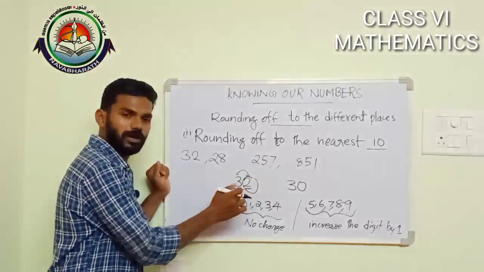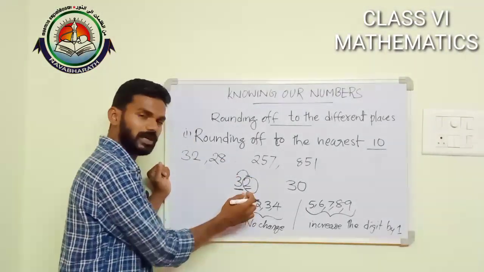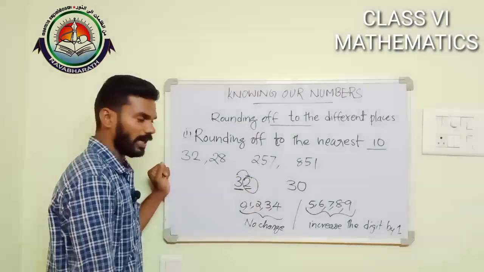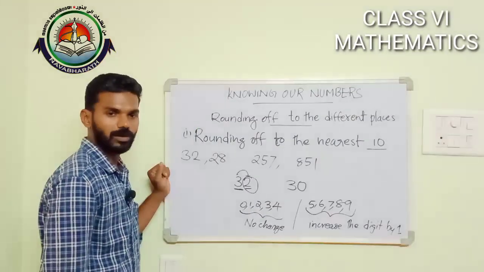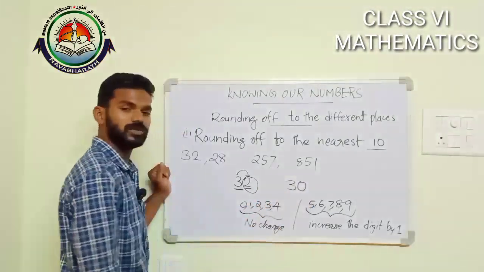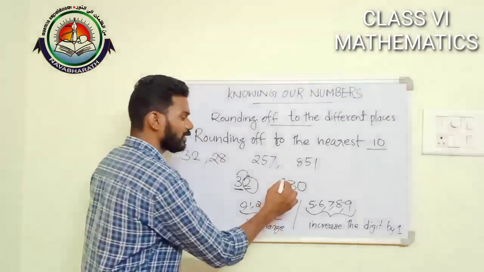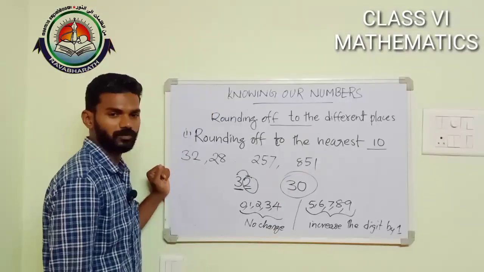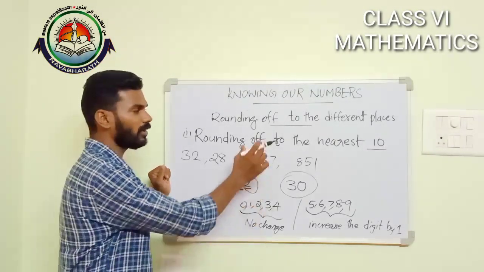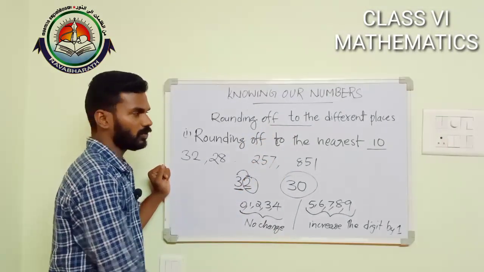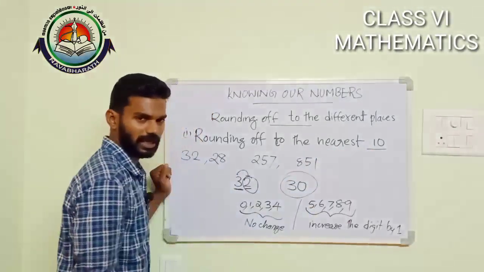And thereafter only one digit is there. And that digit must be changed to 0. So that this 30 would be the rounded off value to the nearest 10.